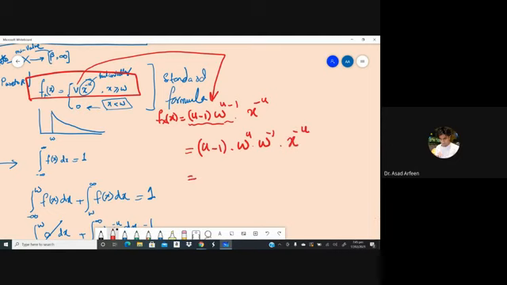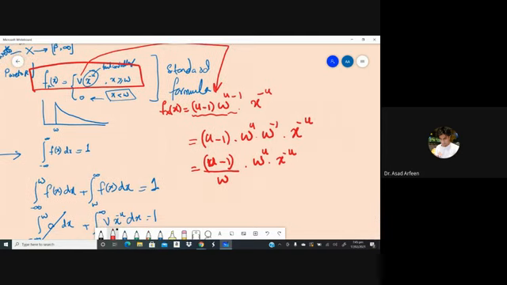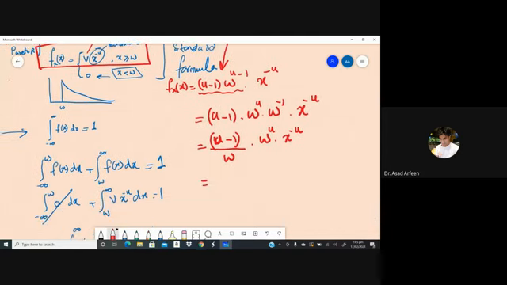Then u minus 1 upon w, I took it here, and then w power u and x power minus u. I think I can summarize it more: u minus 1 over w, and then w over x power u. Is it okay?